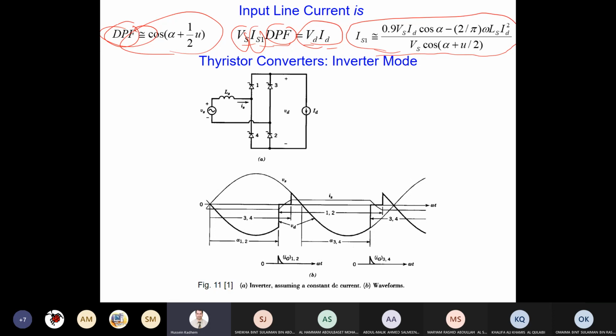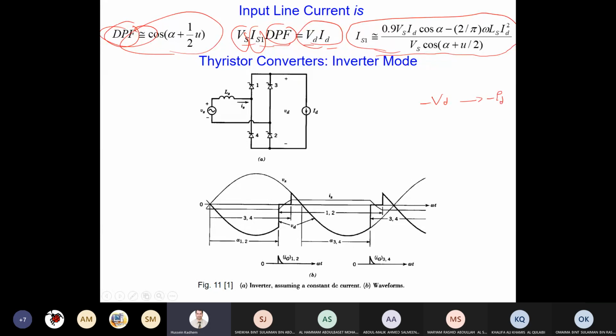Now until this point we have been talking about rectification mode. Now let's talk about inversion mode. In inversion mode, as I mentioned, VD will be negative, which leads to negative power delivered.